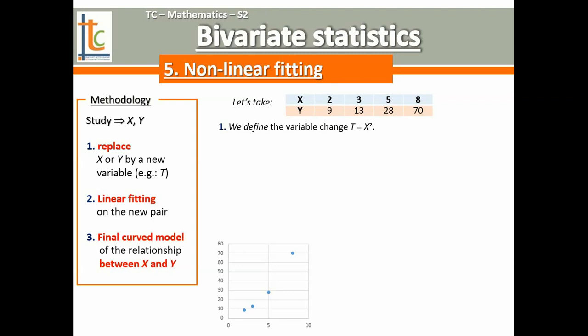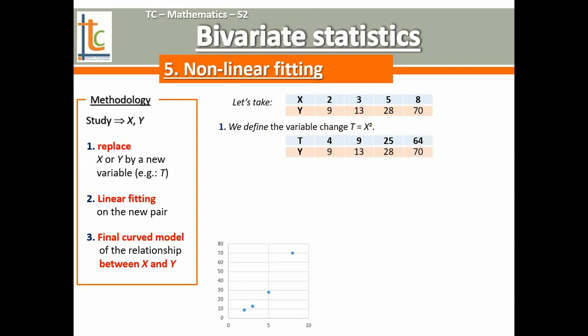Here the exercise tells you what to take. Well, let's calculate the values of t by squaring each value of x, and we will obtain that. If you're told to perform a variable change, it means that the new variable will replace the former one. t equals x squared, t replaces x.